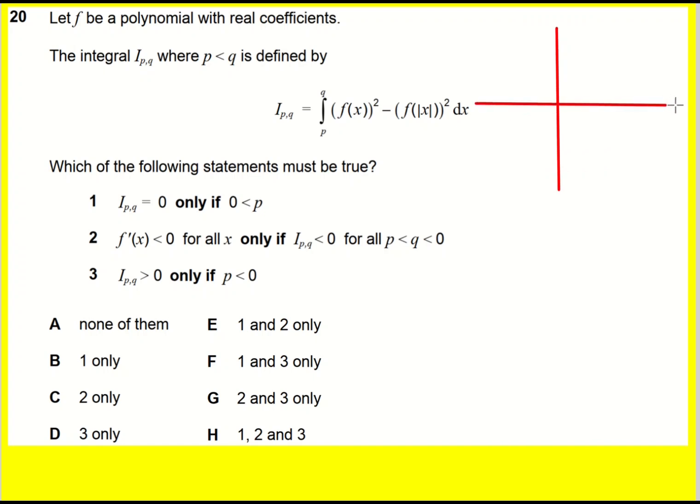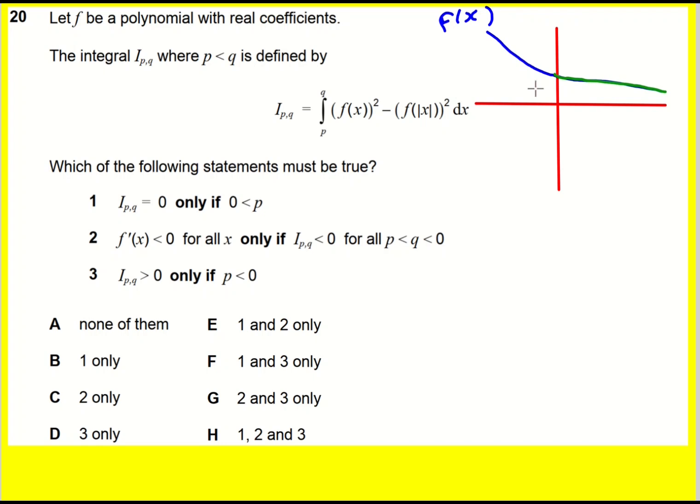Now let's just remind ourselves what f of the modulus of x looks like. If I had a function that looked, I don't know, like that, that's my f of x. Now, f of the modulus of x, if x is positive, will look exactly the same, because remember, the modulus function, if x is positive, does nothing.